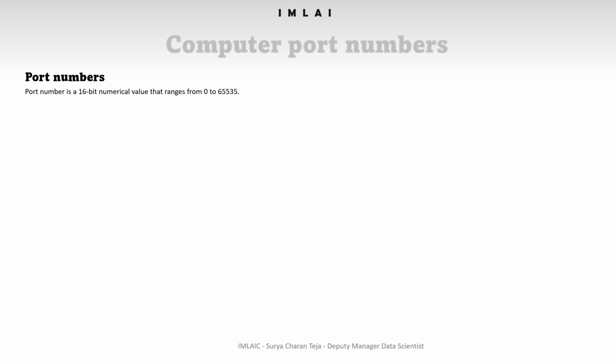So well known ports lie from 0 to 1023, and registered ports from 1024 to 49,151, and dynamic ports, so there are three types of port number space. One is 49,152 to 65,535.